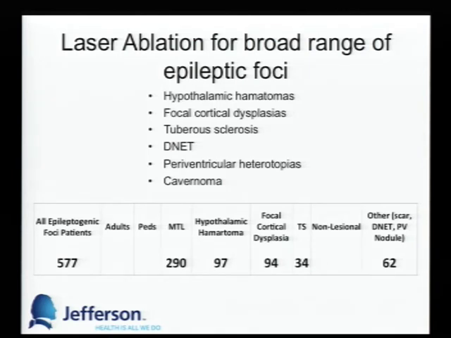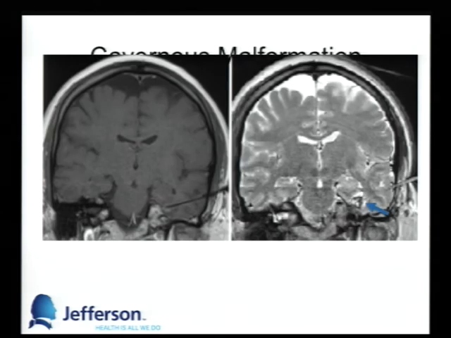577 patients have been treated with epileptic focus, 290 MTL, 100 hamartomas, and about 100 focal cortical dysplasias. So it's becoming really a preferred treatment inside the United States for many lesions. And centers are really pushing the envelope now.